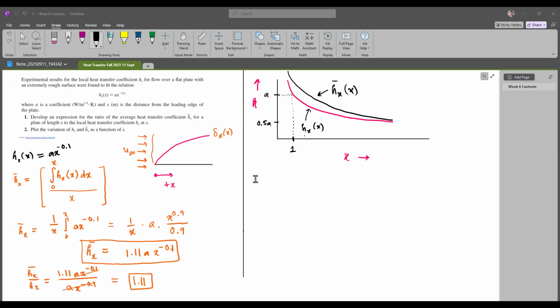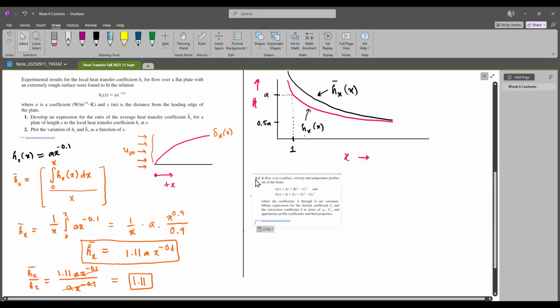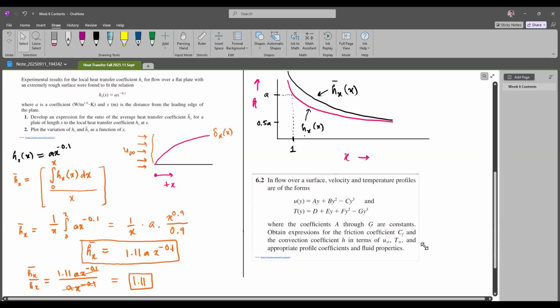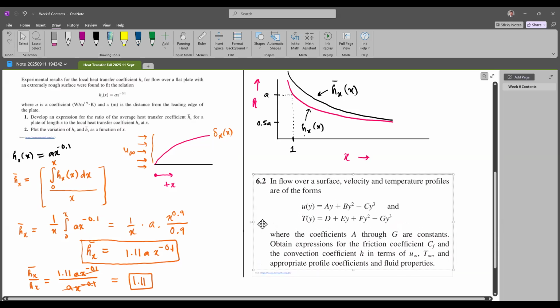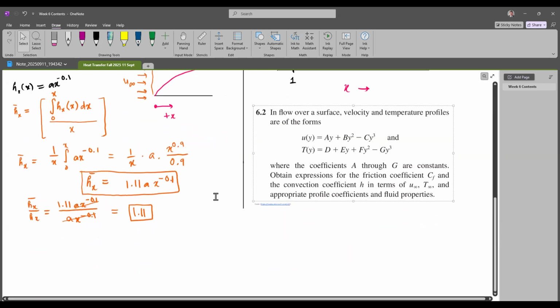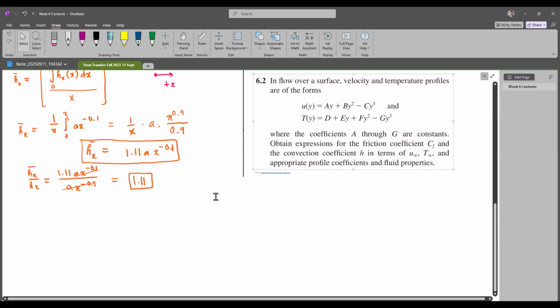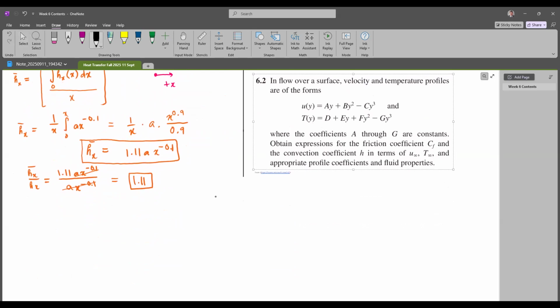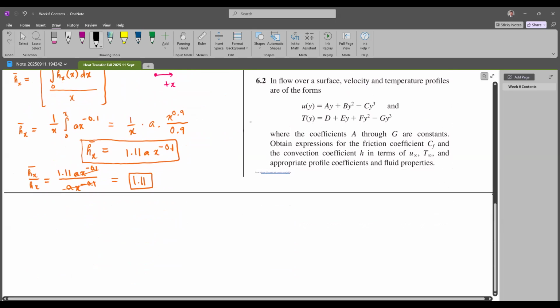Okay, let's paste it here. The next problem. So this problem states that, we have it here as well. So it's going to be easy.